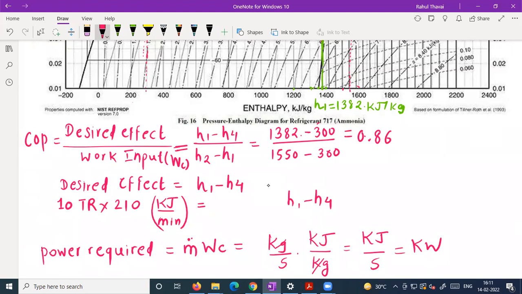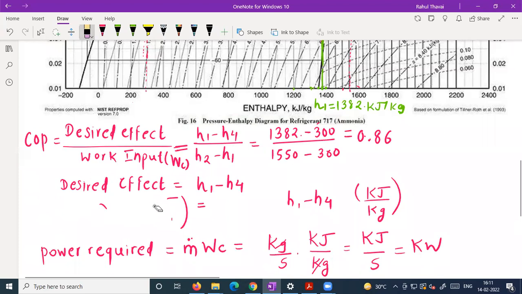But this H1 minus H4 is in kilojoule per kg. So on the left hand side, we have kilojoule per minute, and on the right hand side, we have kilojoule per kg. So will it be okay?